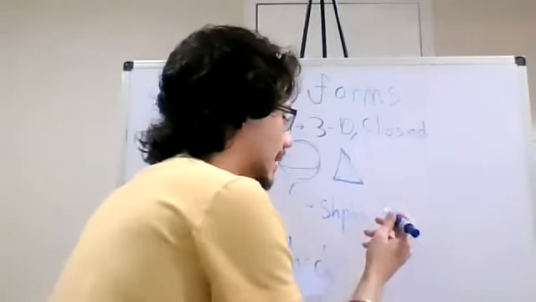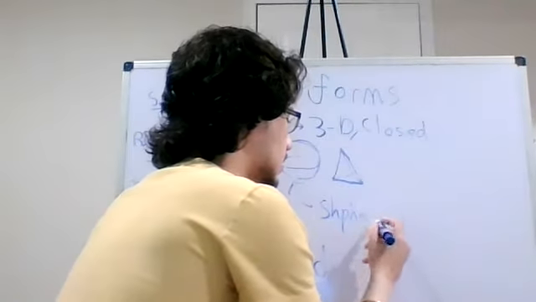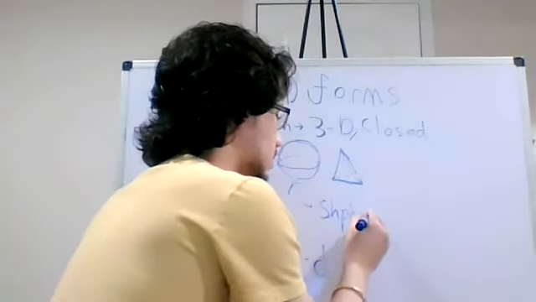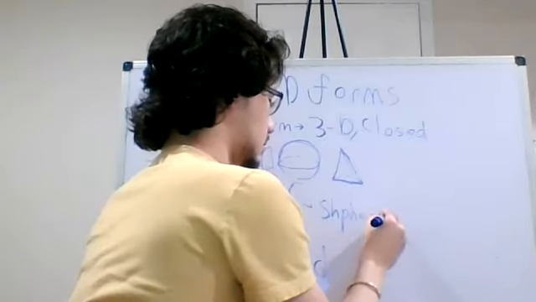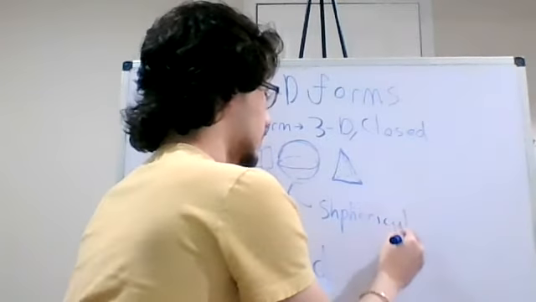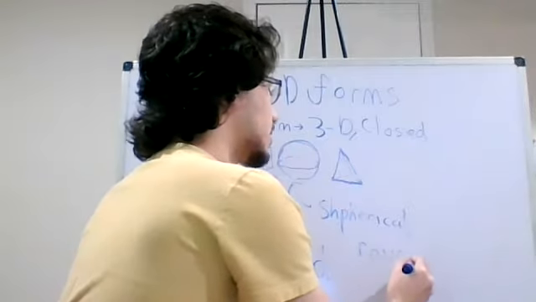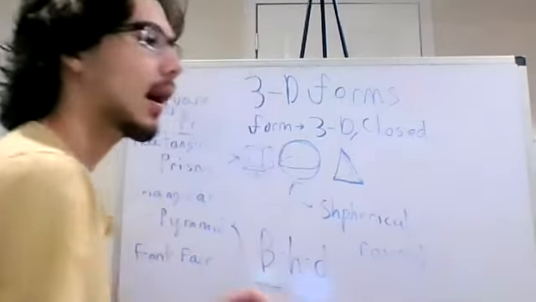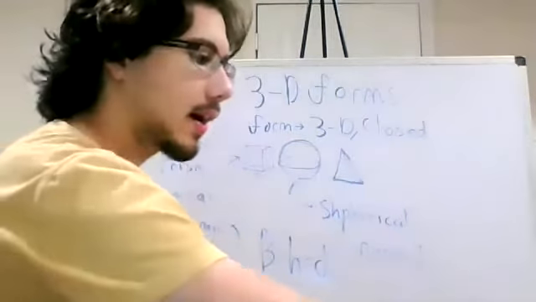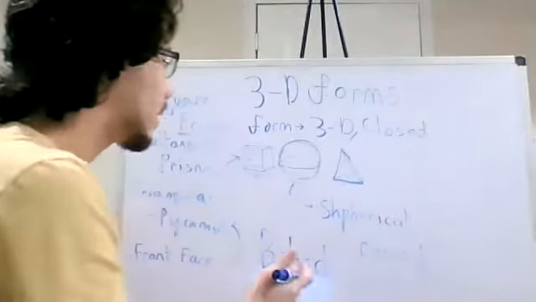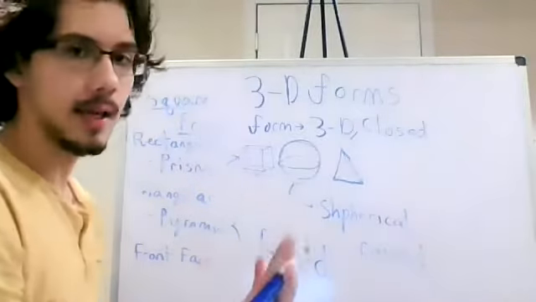Other ways of writing it: spherical, or round. Another way to describe it is by the name elliptical, where it refers to the form looking similar to an ellipse.